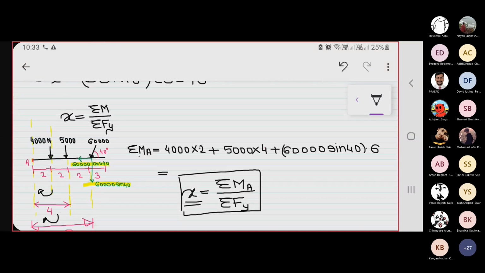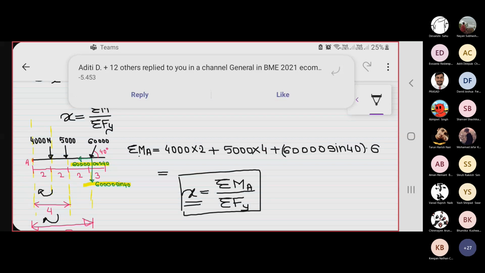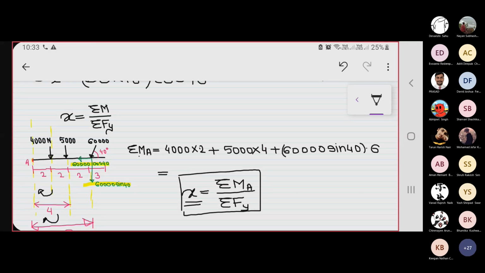So it is at a distance of 5.453 from A. Minus, so it will be plus, then it will be on the other side, minus B. Yes, it is a minus, so it will be after point A, on the other side.